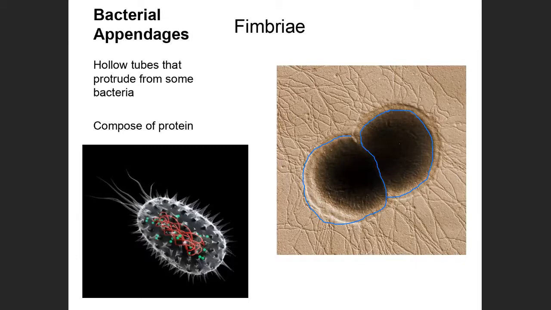So this is an actual micrograph of Neisseria gonorrhoeae. This is what causes gonorrhea, a sexually transmitted infection. You contract this by having sex with somebody who has gonorrhea. So you can see these fimbriae on this organism.